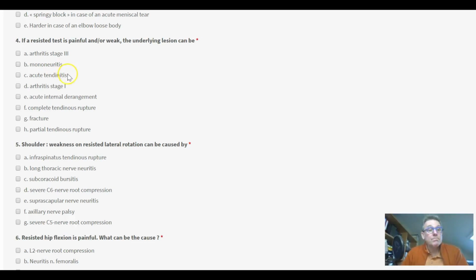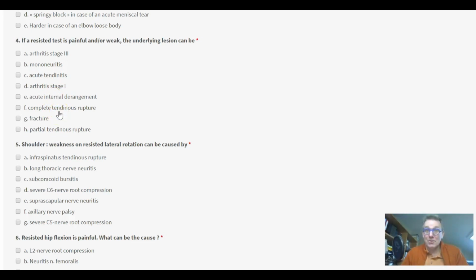Acute tendinitis? Yes, that's possible. An arthritis stage 1? Of course, there won't be any positive resisted tests. They're just positive passive tests. Acute internal derangement? No, passive tests are positive. Complete tendinous rupture?